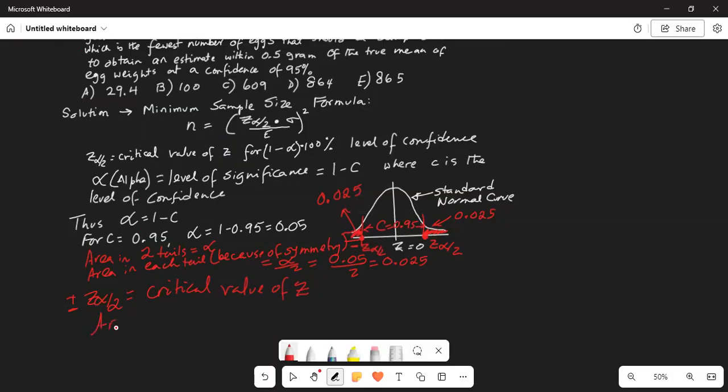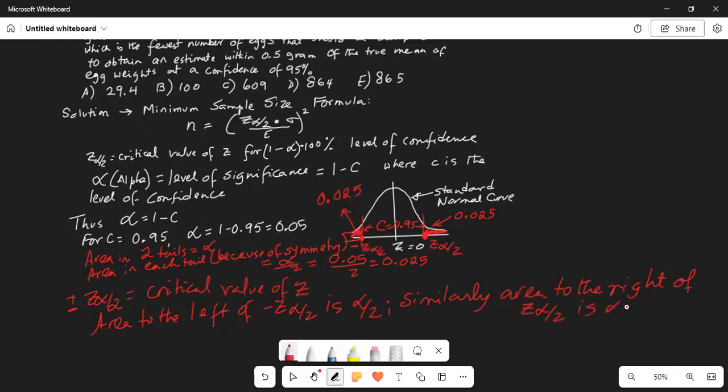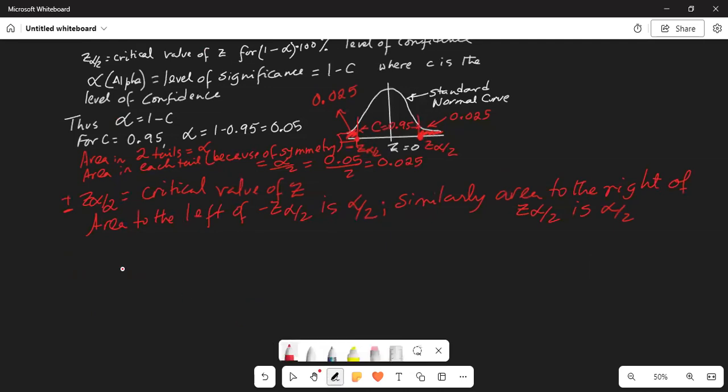So area to the left of minus Z alpha by 2 is alpha by 2. Similarly, area to the right of Z alpha by 2 is alpha by 2.